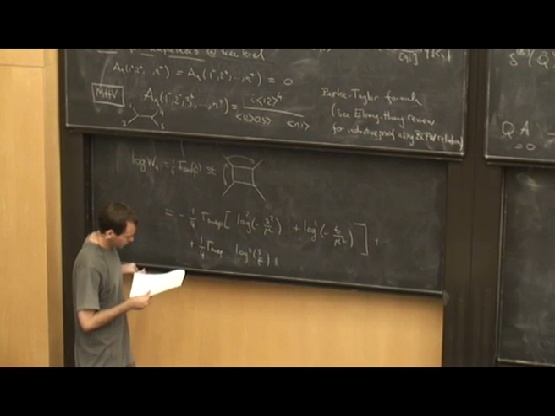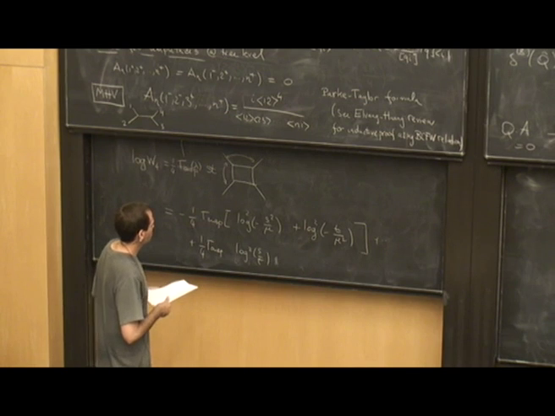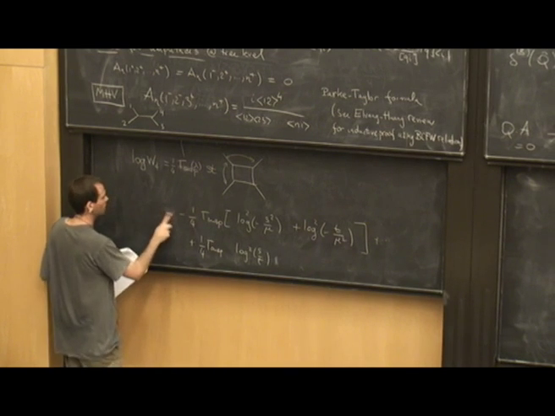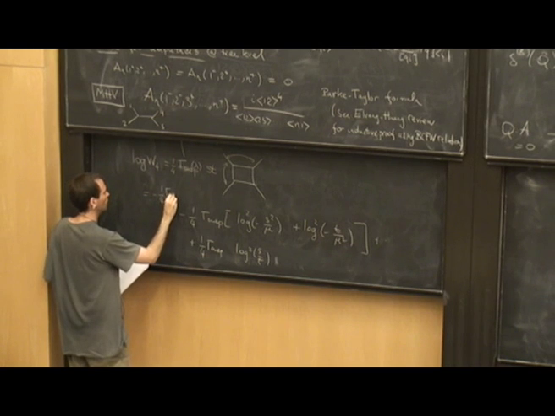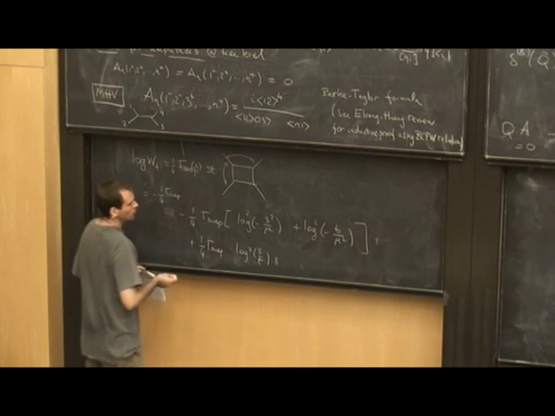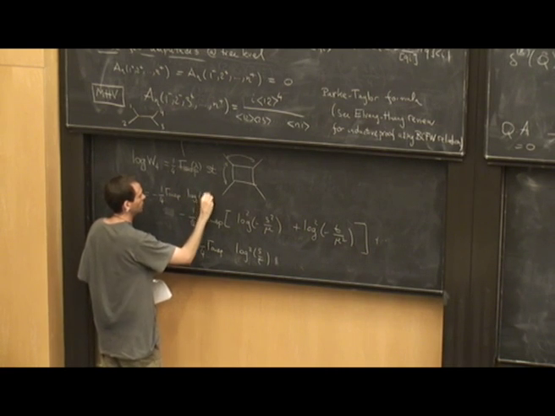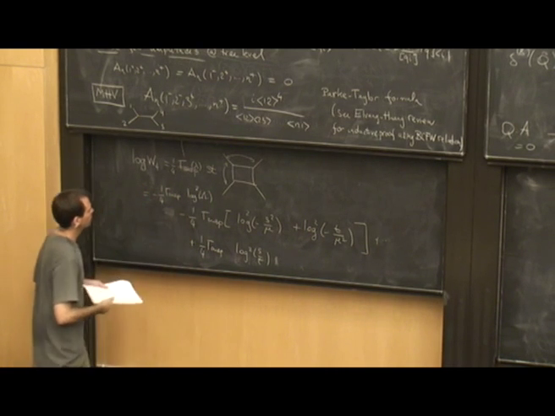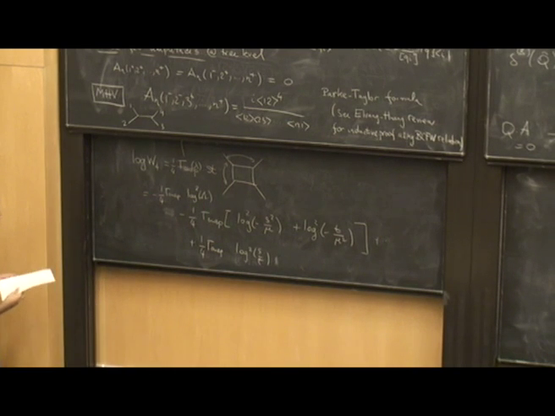I'm actually thinking that I forgot to put a divergence here. Let me write it like this. Let's say I put a hard cutoff. Okay, so I have a log square of lambda. Lambda is my hard cutoff.